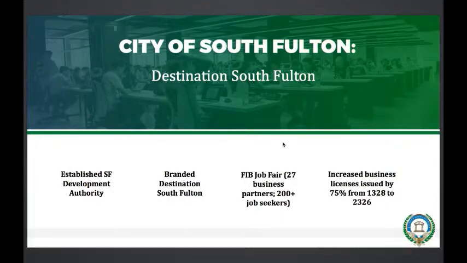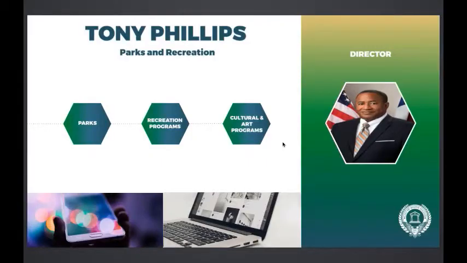And this activity was reported as an overwhelming success, and others have asked us to host it again, and we are excited to do so as we begin to explore that option. We increased our business licenses by 75% from around 1,300 to over 2,300 during our short tenure as a city.